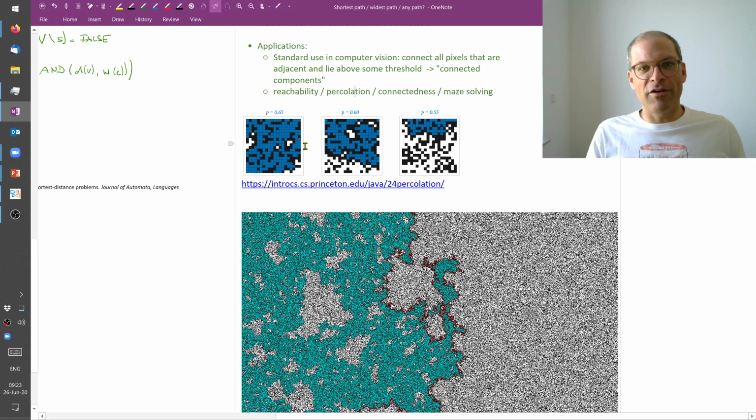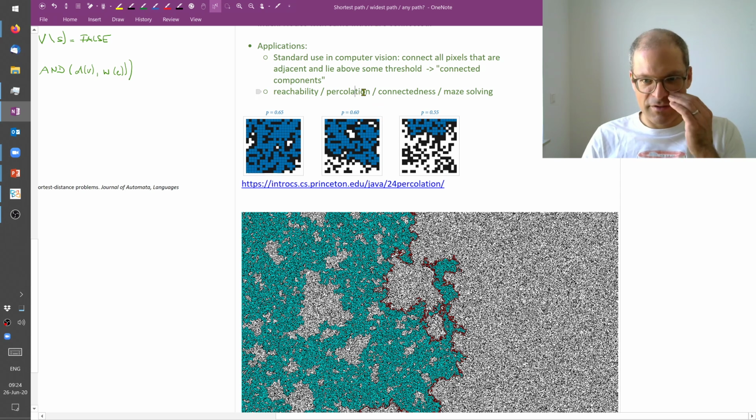And here we have different probabilities of white versus black pixels, where white is accessible to the water flowing in from above, and black is solid and not permeable. And as we fill in water from above, you see here it does reach the bottom, and these are just random images. Here it does not reach the bottom, and here the water does not even get very far. So this would be percolation.